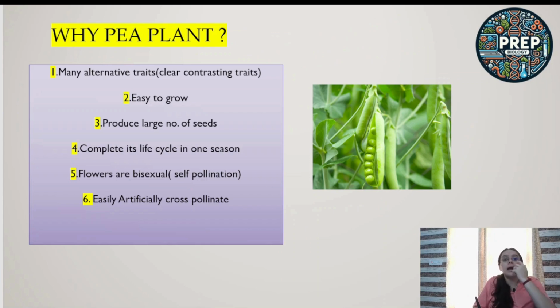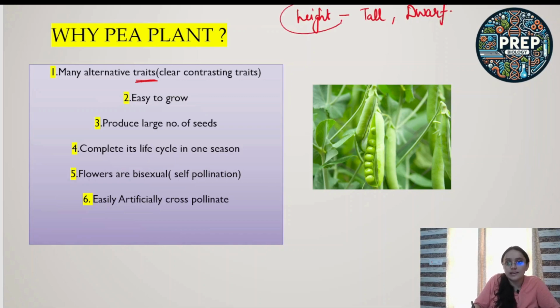Why the pea plant? Because there are many features for it. First, the pea plant has many alternative traits. Like in the pea plant you have a character like height, and height contains two traits, tall and dwarf.